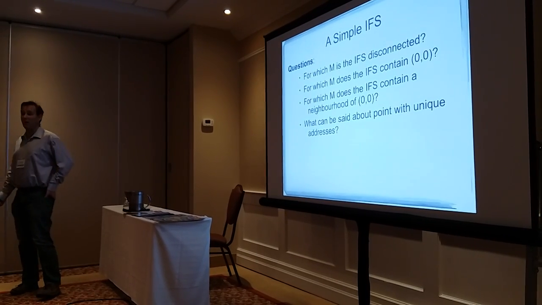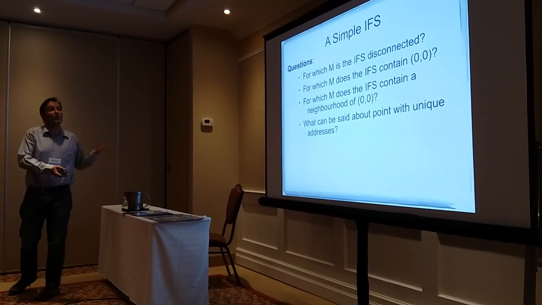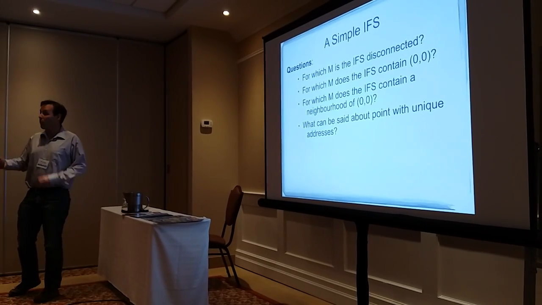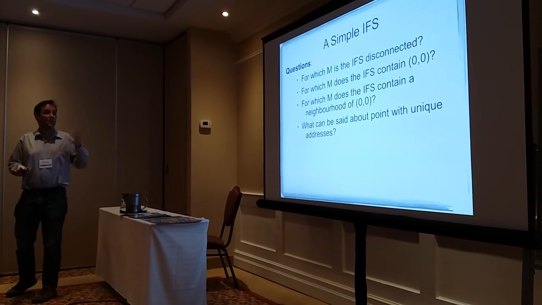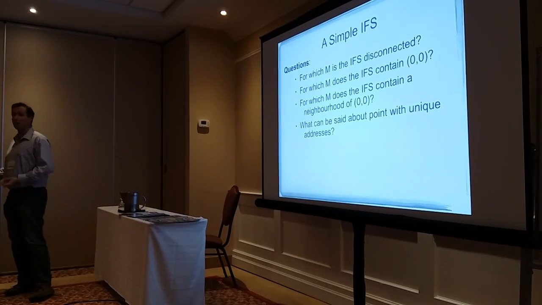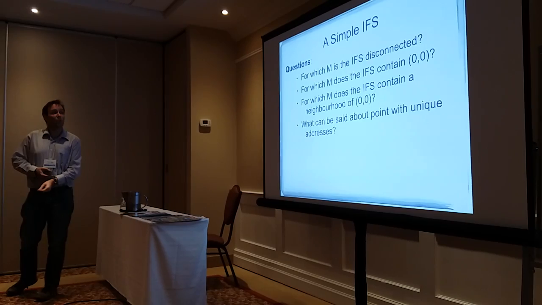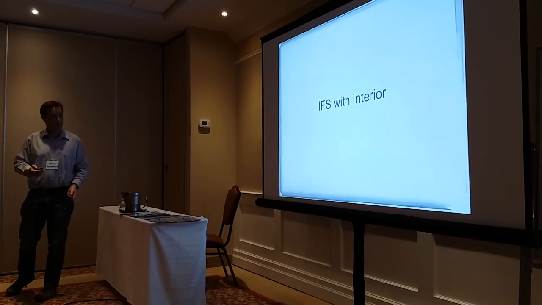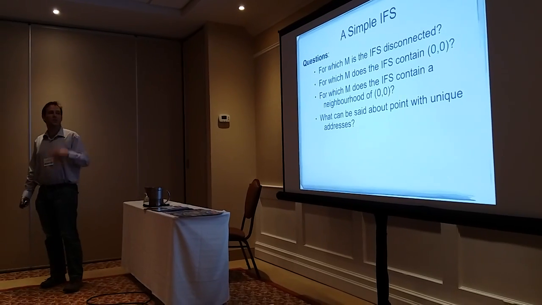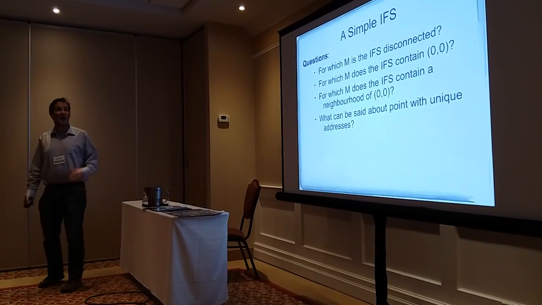So the questions we're asking is, we've got this matrix. It's got two eigenvalues. For what values of these eigenvalues is the iterated function system disconnected, and hence totally disconnected? For which values of the eigenvalues is it connected? For which values does the iterated function system have interior?